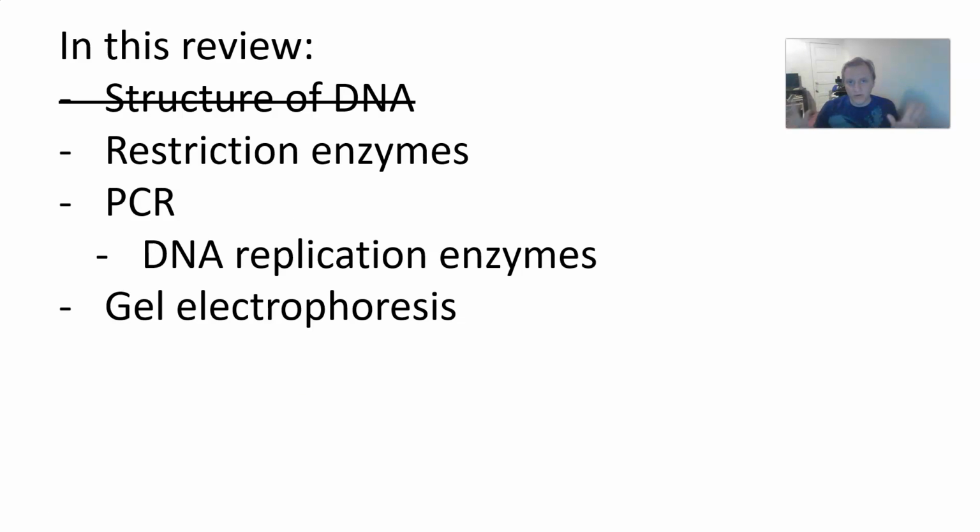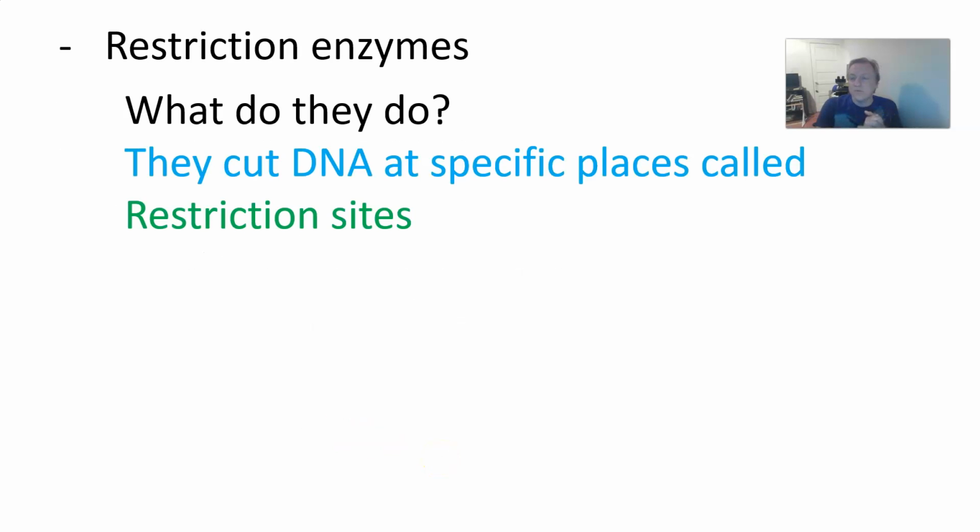Okay, so we've done a brief review of the structure of DNA. Let's talk about restriction enzymes for just a minute. What are restriction enzymes? What do they do? Restriction enzymes cut DNA at specific places, which we call restriction sites. Their entire job is to cut DNA at these restriction sites.